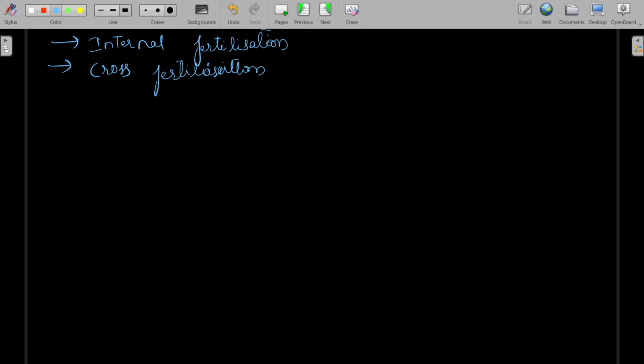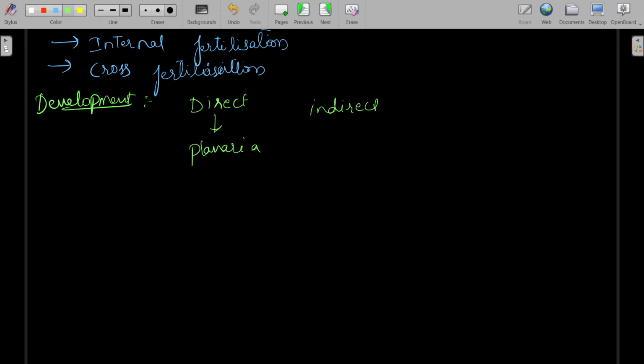Next, development. It is direct in free living forms like planaria, and indirect, that means it involves larval stages, in tapeworms or endoparasites.